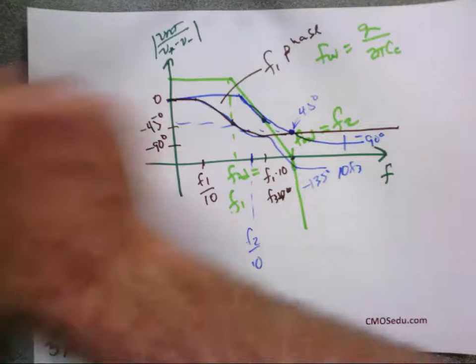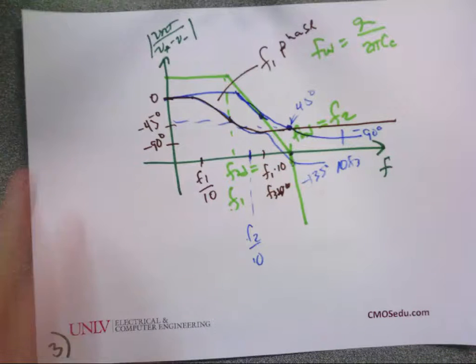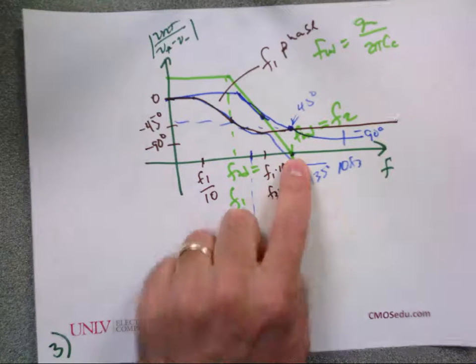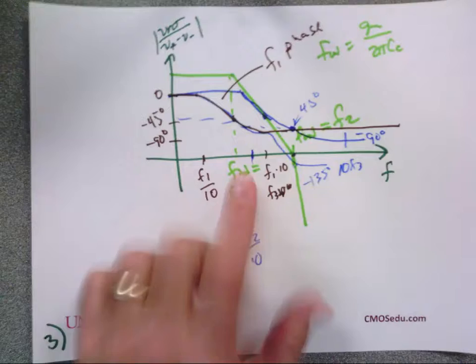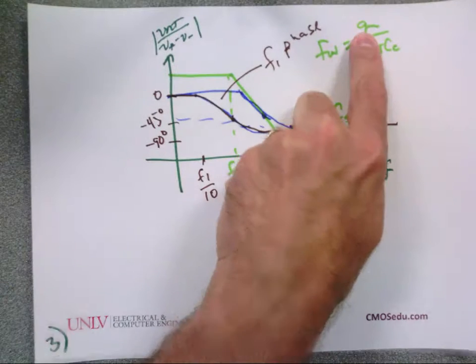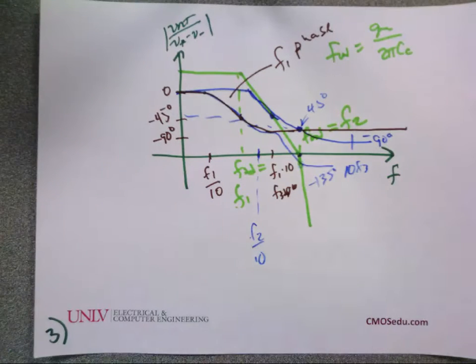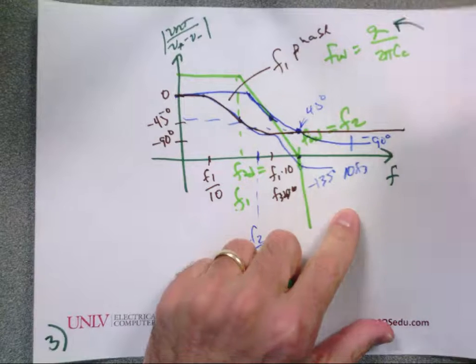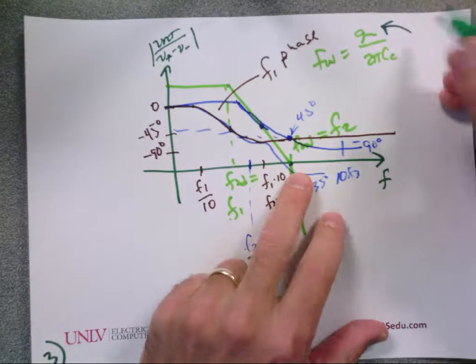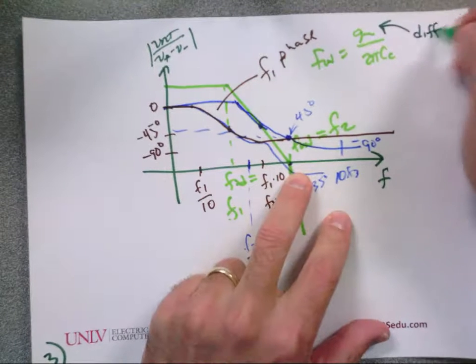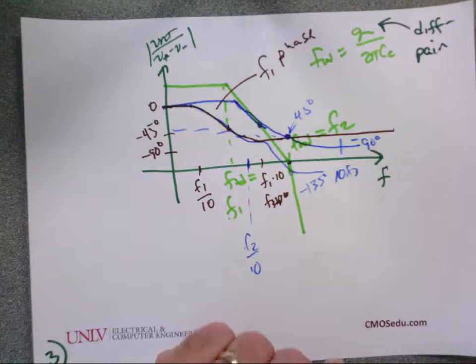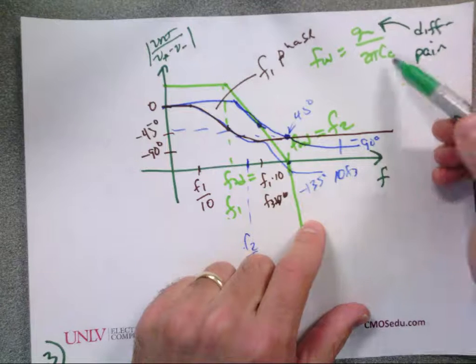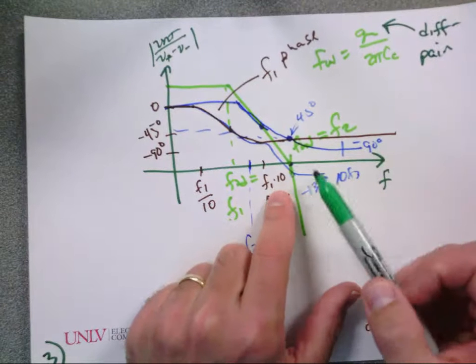And you say, let's ask several questions. How do I, without changing the unity gain frequency, improve, which means without changing the transconductance? Oh, so this GM is the transconductance of what? Diff pair. I can't change that or C sub C, or else I change the unity gain frequency.